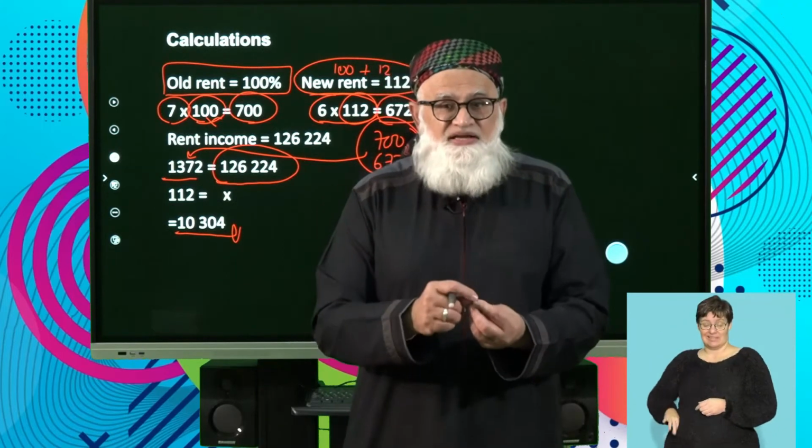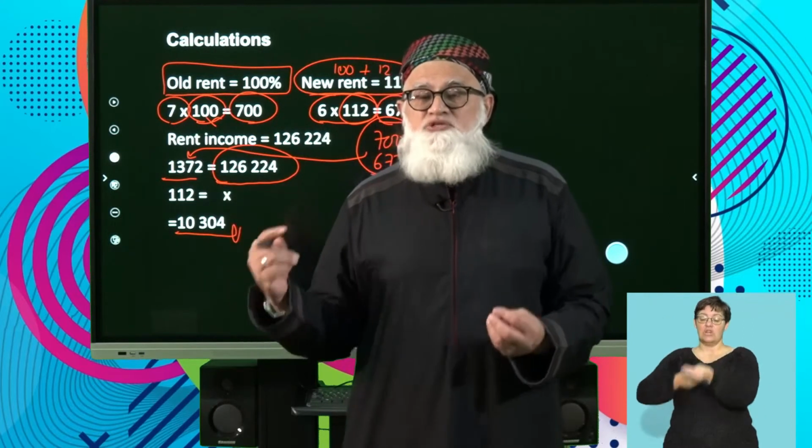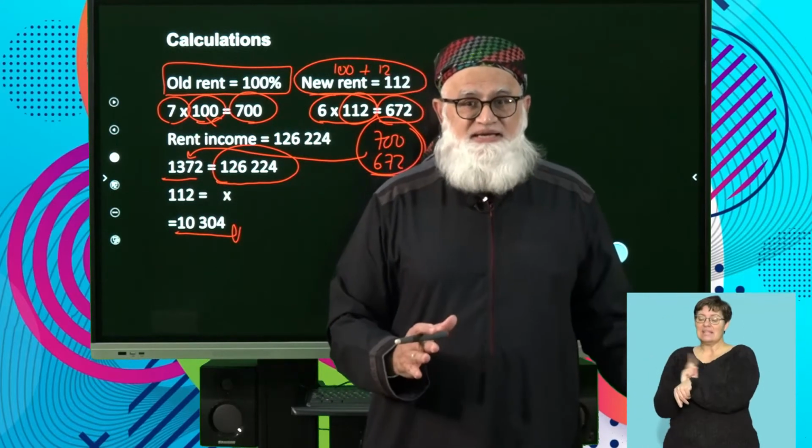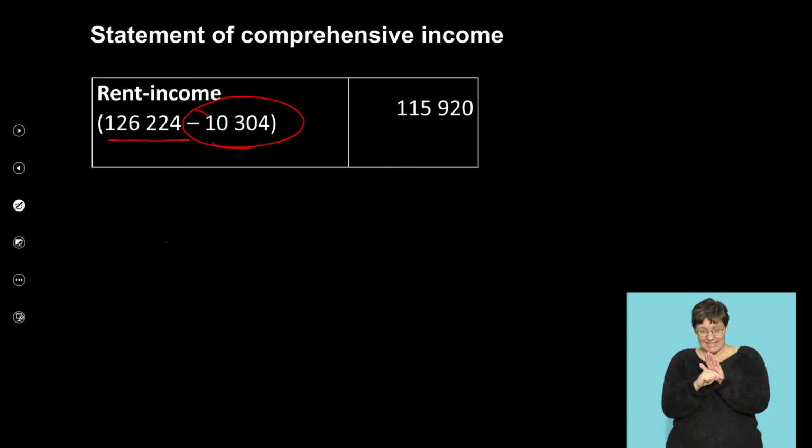Remember, deferred income will go to your balance sheet under trade and other payables because it's a temporary liability. So therefore, watch my operation. Here we go. 126,224 given figure minus, that's the important operation. Minus, why? Debit the rent income.